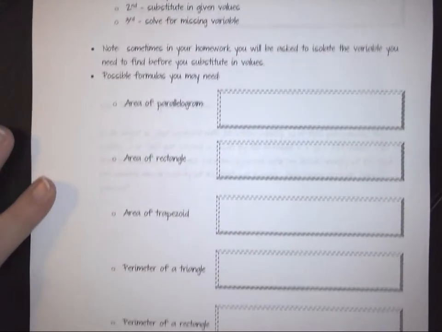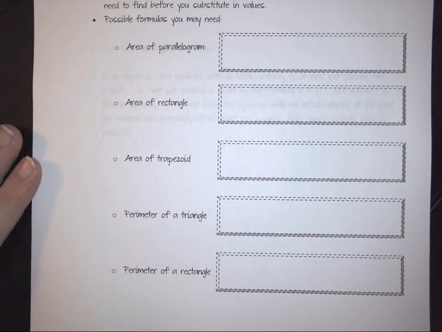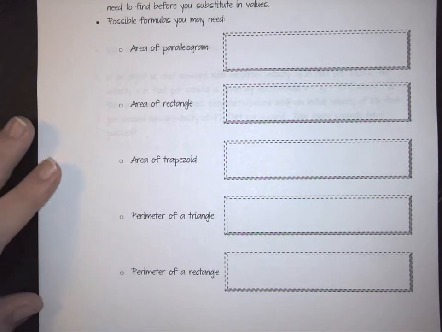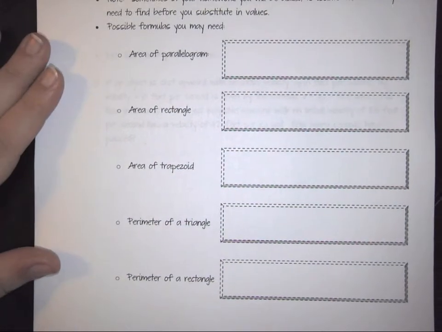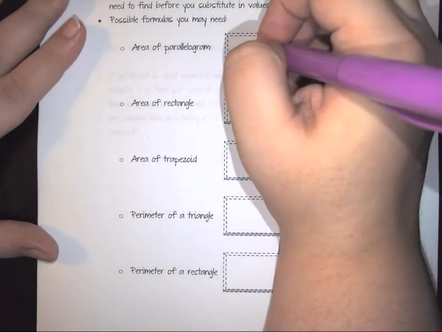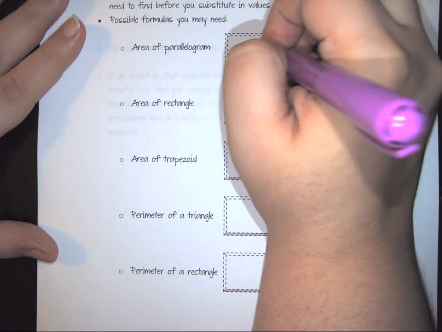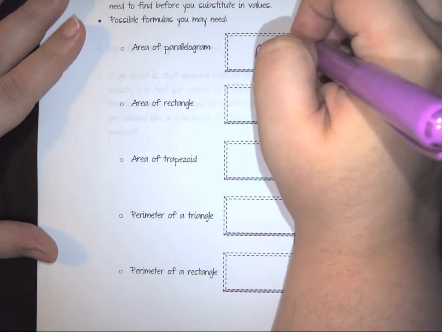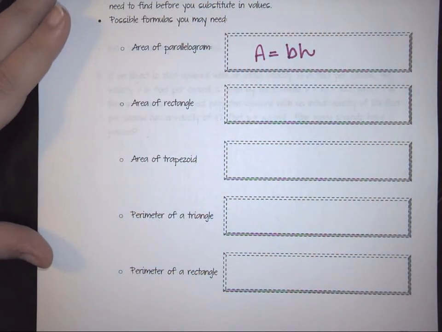So in order to get there, we actually have to know some of these different formulas. First and foremost, we have what's called the area of a parallelogram, which is found by area equals base times height.